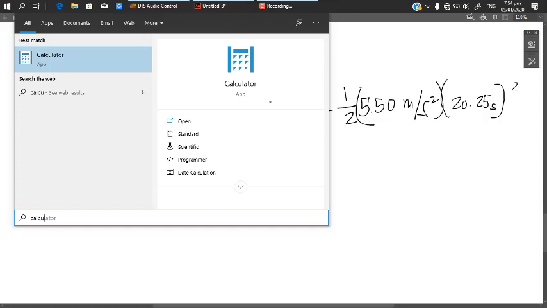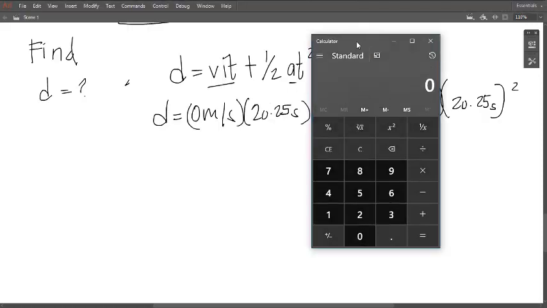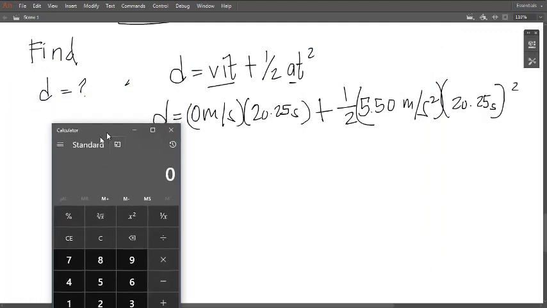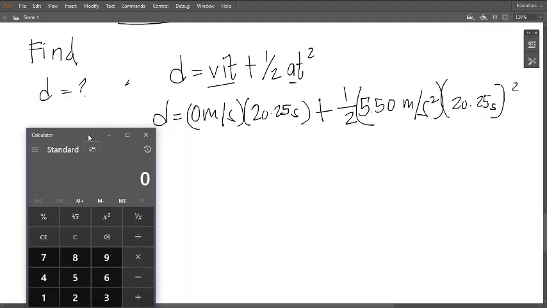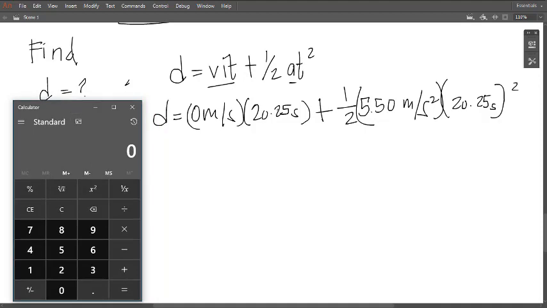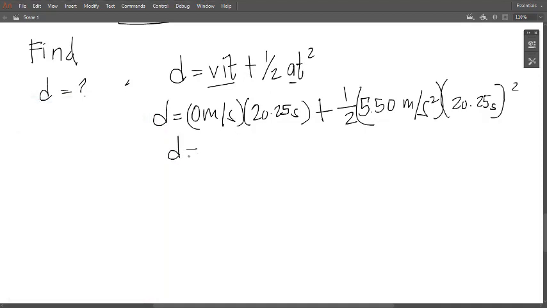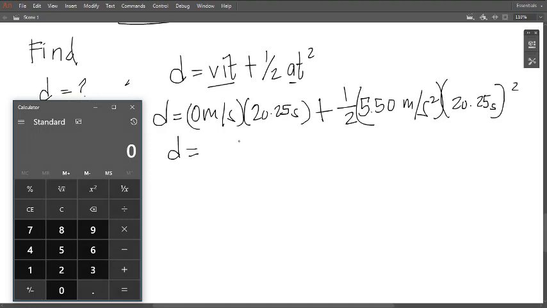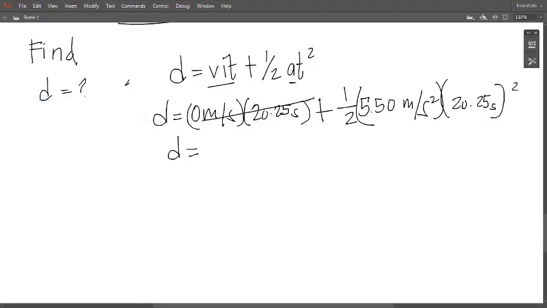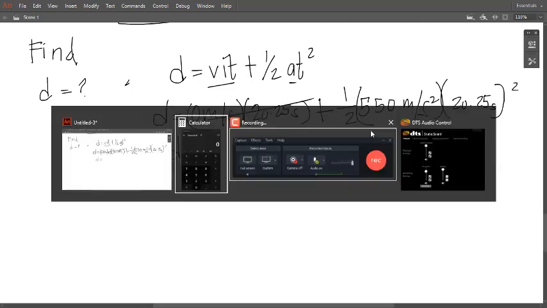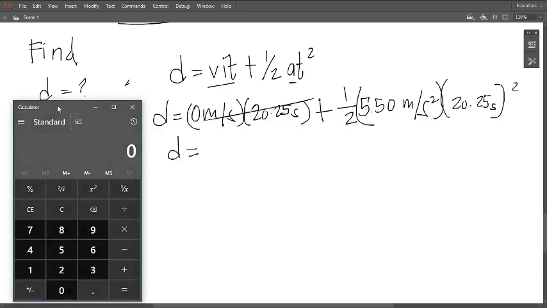Zero meters multiplied to any number will have 0, which cancels this number, right? So what's left are these numbers.